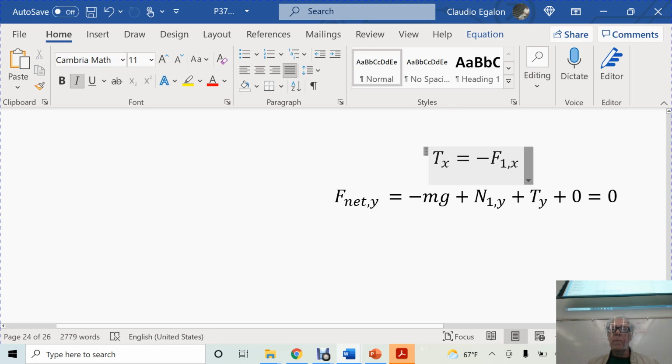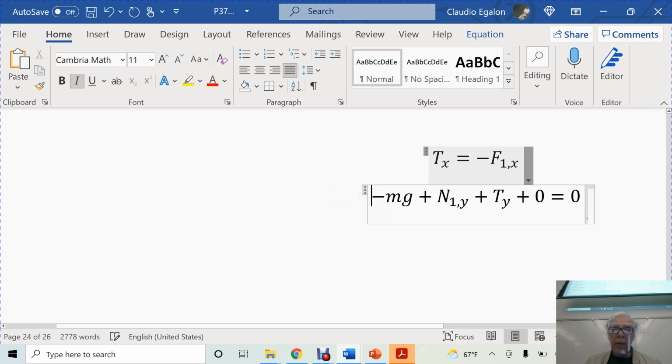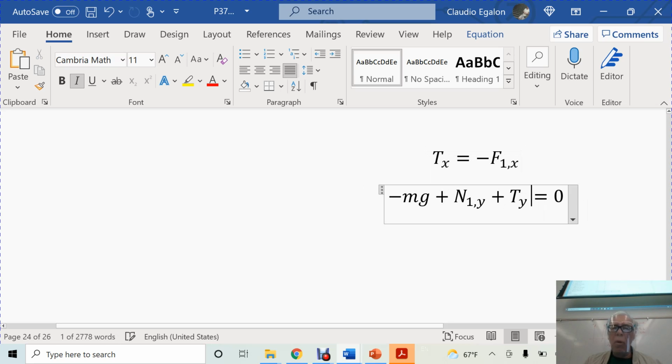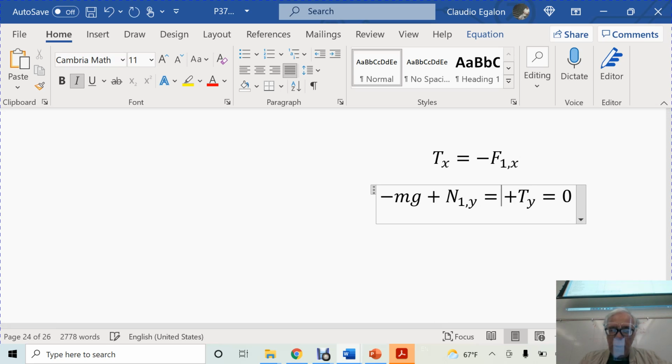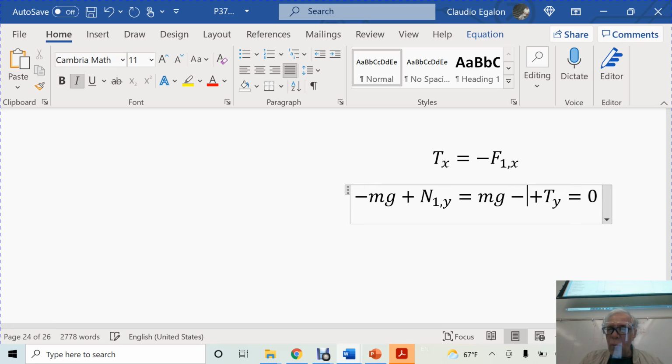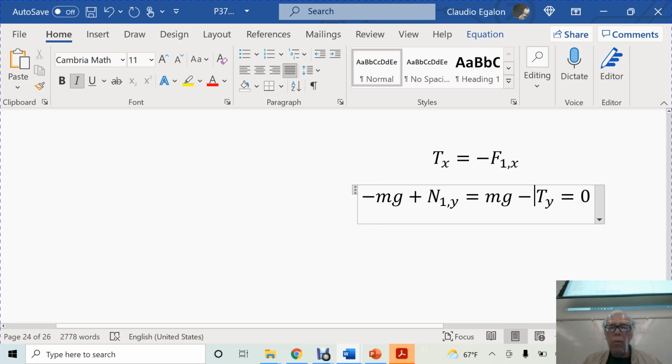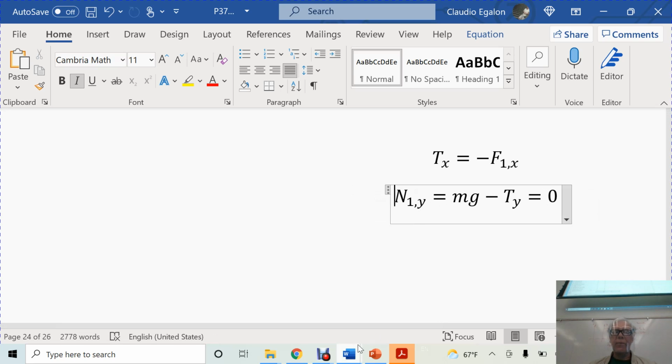Similarly, in general, you know the weight, right? And if you want to find out what the normal is going to be, the normal is going to be mg minus the y component of the tension. In that example that I showed to you.